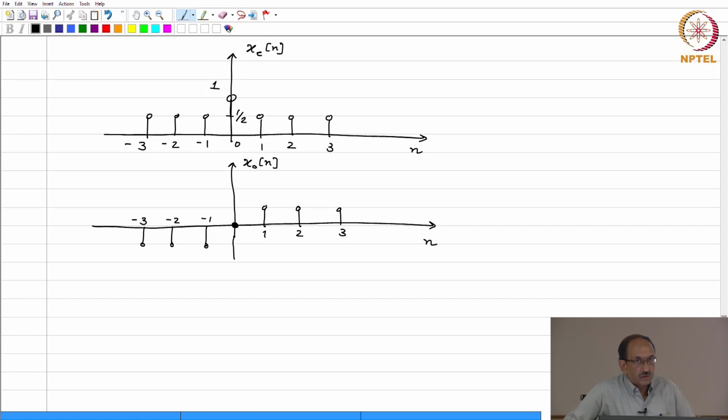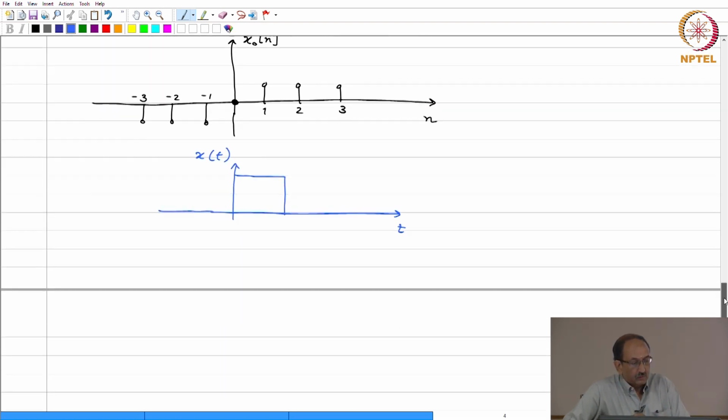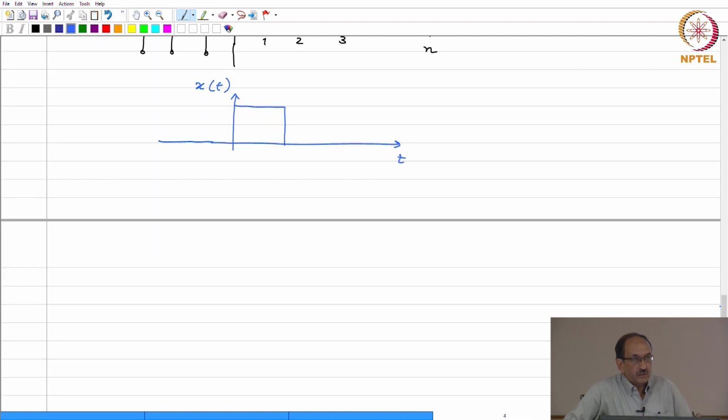Now let us look at this for the continuous time case. Suppose you have x of t like this, and you try to break this up into its odd and even parts.